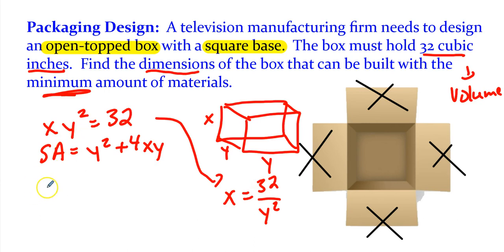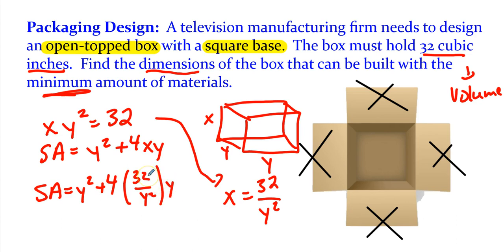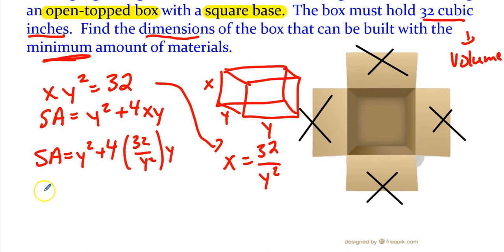And we'll substitute that into our surface area. And we can simplify a little bit. So surface area equals y squared plus 4 times 32, which gives us 128, and then we can cancel out a y there.